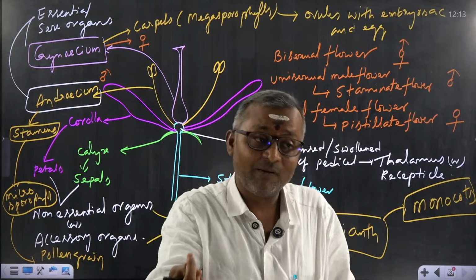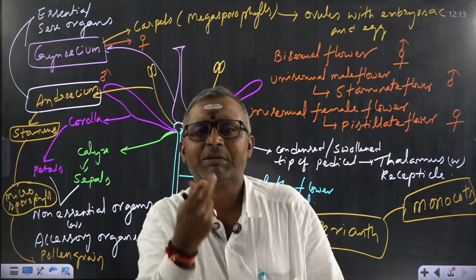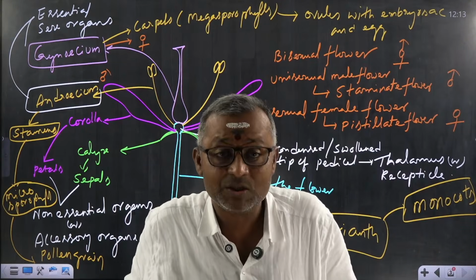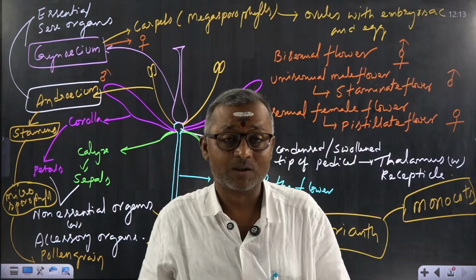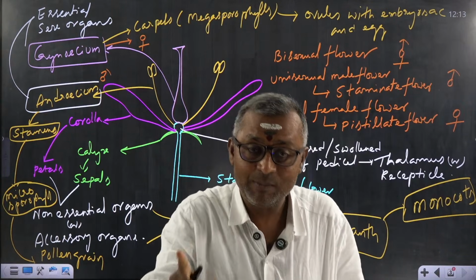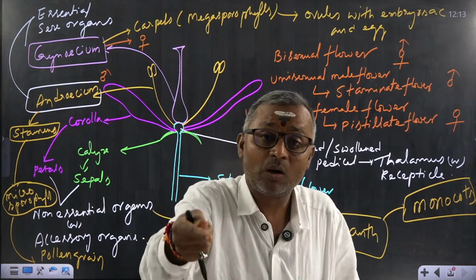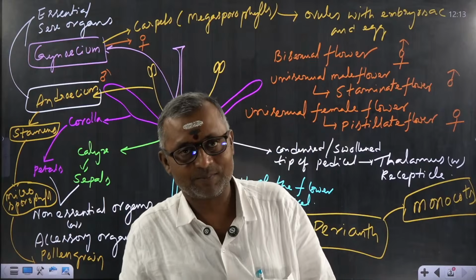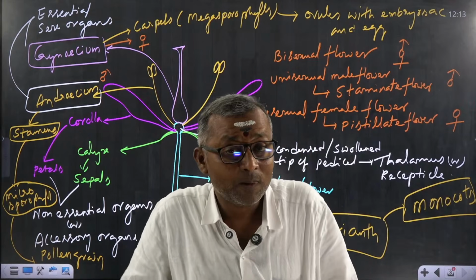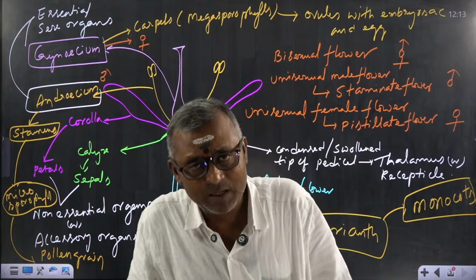Unisexual male flower and unisexual female flower present on the same plant. The best example, Zea mays, maize. Understood? When unisexual male flower and unisexual female flower are present on the same plant, then such plants are called monoecious plants. What do you call them? Monoecious plants. Example is Zea mays, maize.